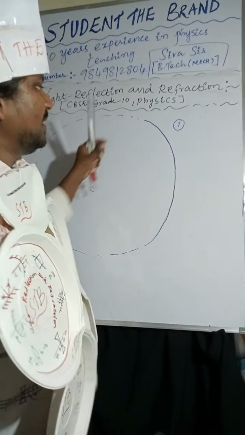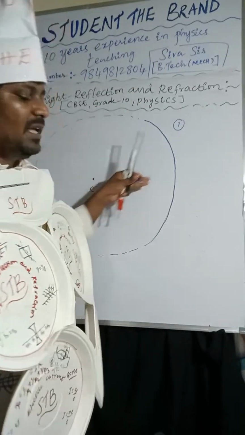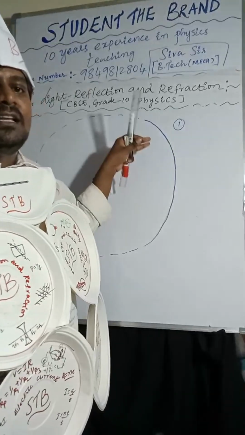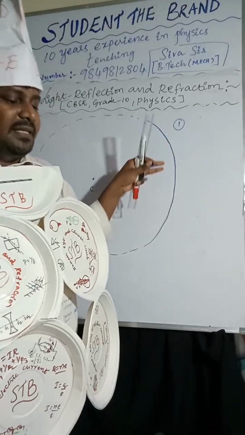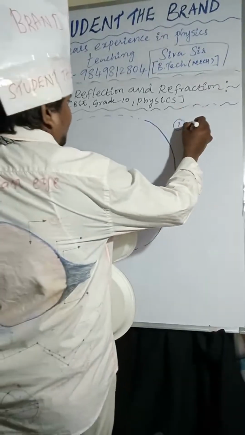C is the center of the imaginary sphere in which the mirror is a part. That is called the center of curvature.